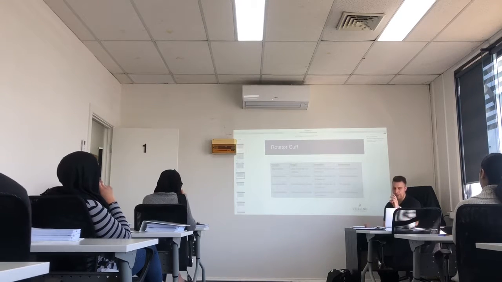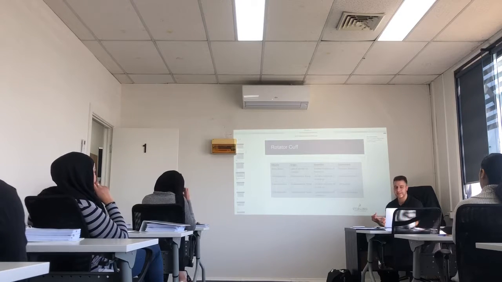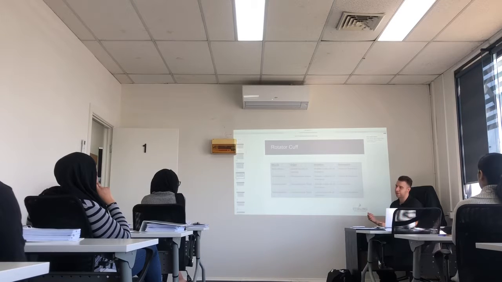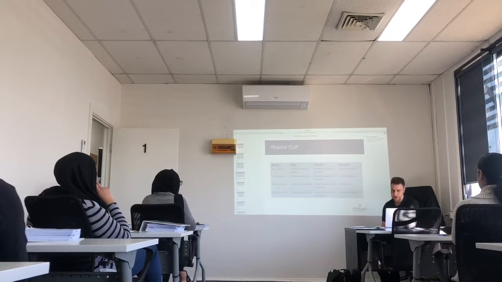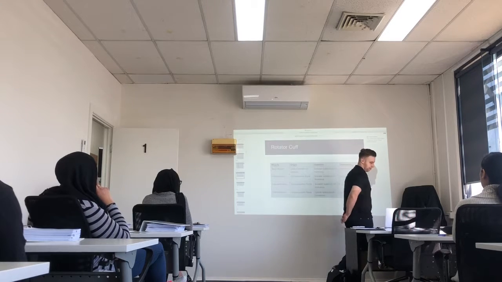So here we've got the rotator cuff areas. For every muscle, we always want to indicate the muscle, where it is, where it originates from, where it's starting from, where it inserts, where it goes into, and then the movement for each muscle as well. So teres minor originates from the lateral border of the scapula. Lateral meaning out, so the lateral border would be out here on the scapula.